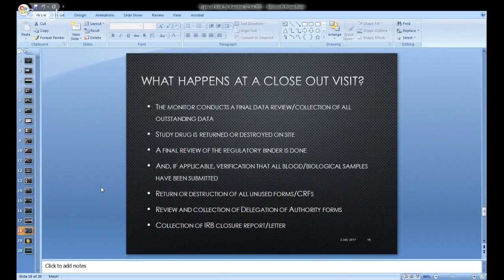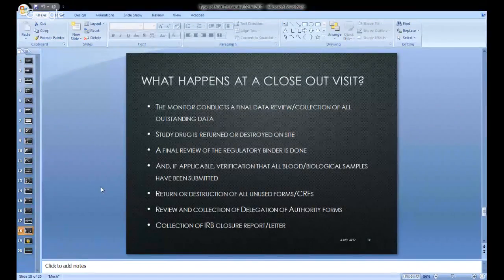And if applicable, verification that all blood or biological samples have been submitted. Now, what do we understand by biologicals having been submitted? At times we have a sub-study, or the study requires histopathology of a tissue.